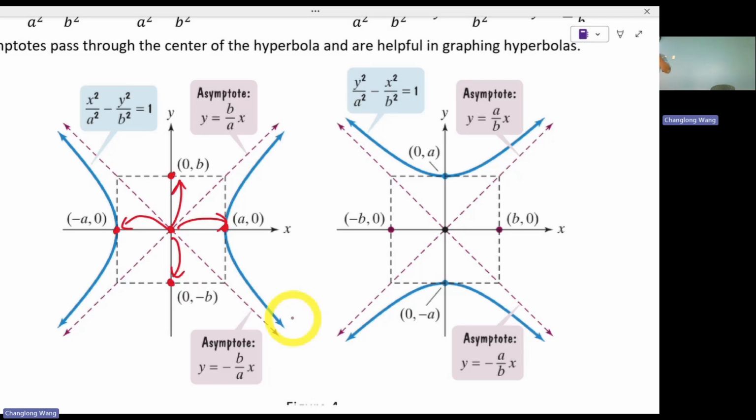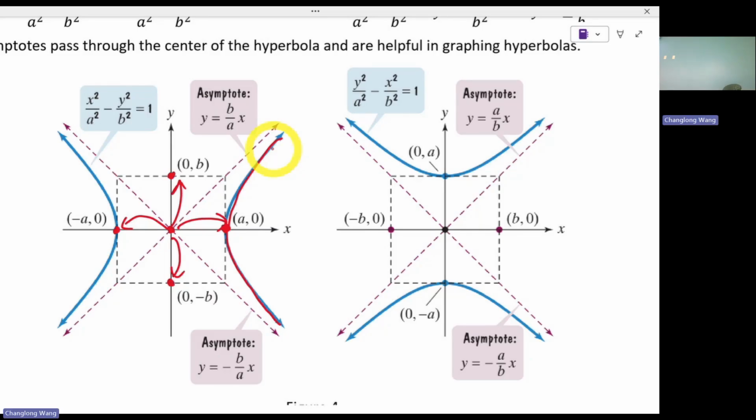Now, the point is, even though the asymptotes are not going to be on the graph itself, once you have the two vertices, the way to graph the hyperbola is to start from, let's say, one of the vertices and let it open in a way that it will get closer and closer to the slant asymptotes, but never cross them.